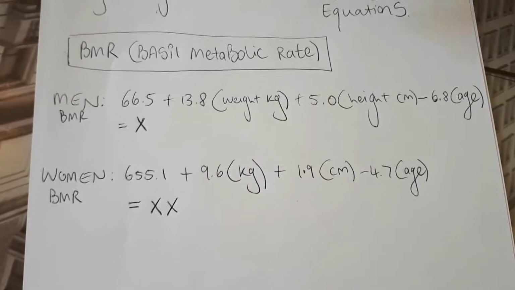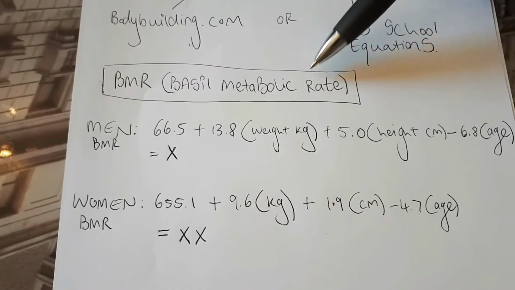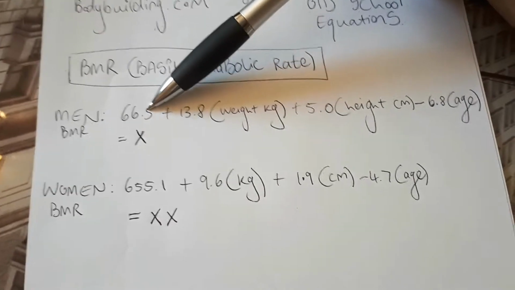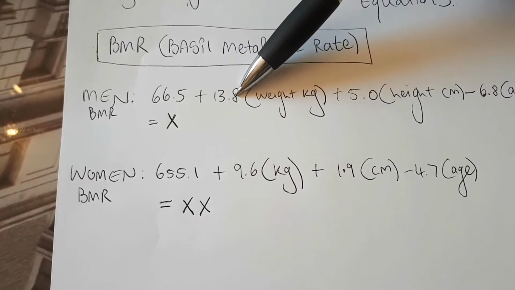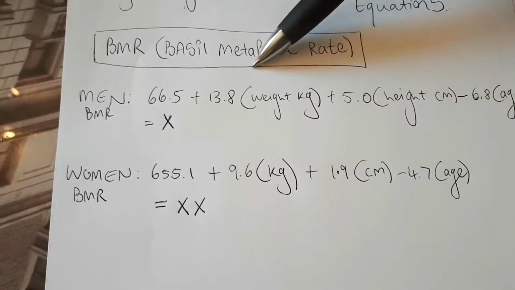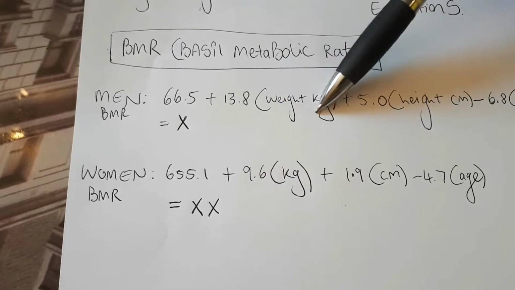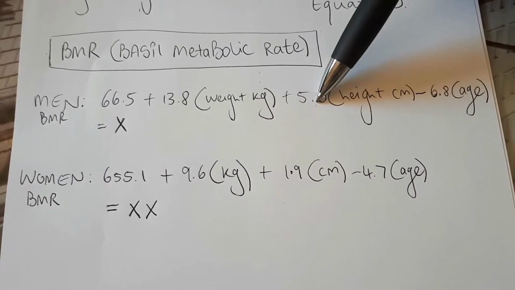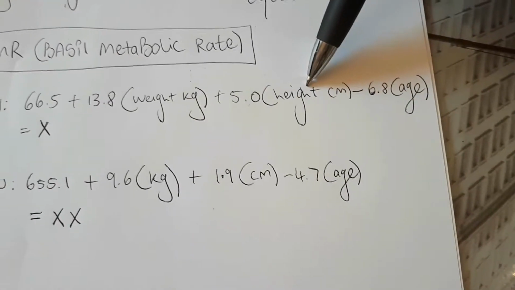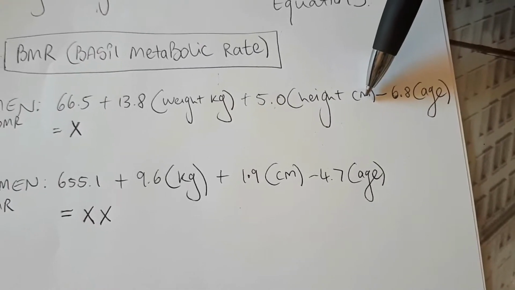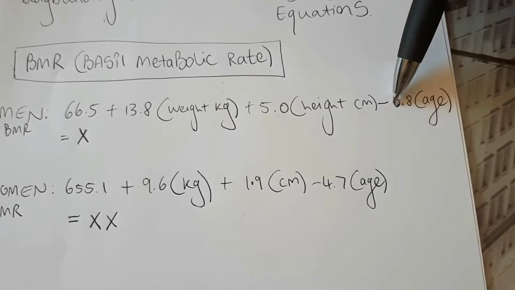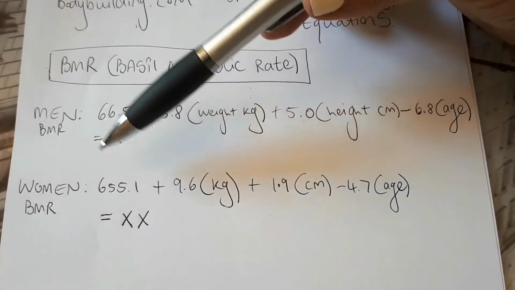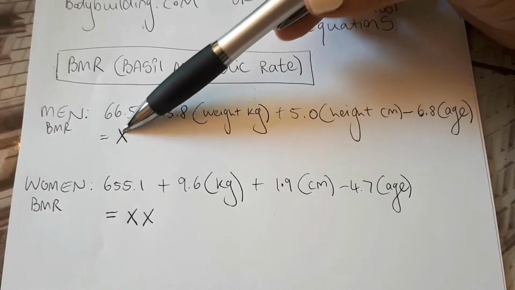To find your basal metabolic rate, the equation for men is 66.5 plus 13.8 times your weight, and because I'm South African, we use kilograms, plus 5.0 times your height in centimeters, minus 6.8 times your age in years, and you'll get X, your basal metabolic rate value.